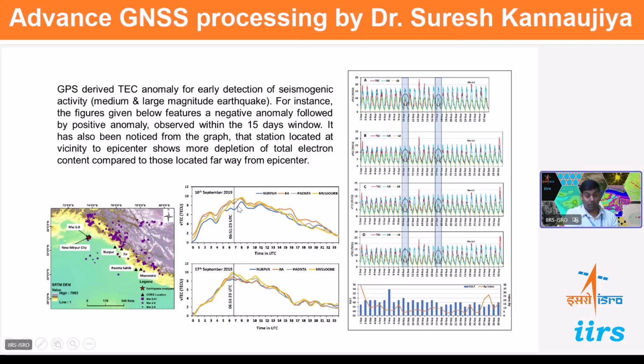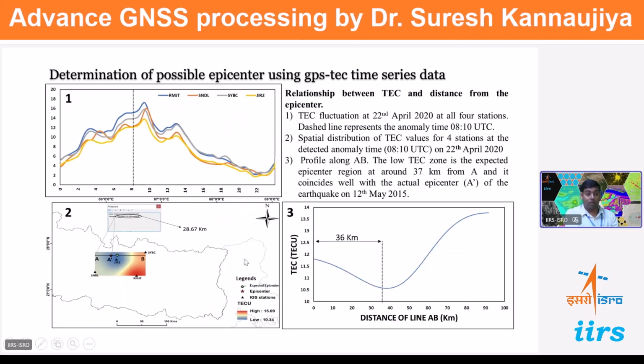We can see that at a particular time they have different TEC values. This gives information on how the TEC variation takes place with respect to the distance from the upcoming epicenter, and this is the anomaly. If we are able to model it very accurately, then we can get the approximate epicenter also.